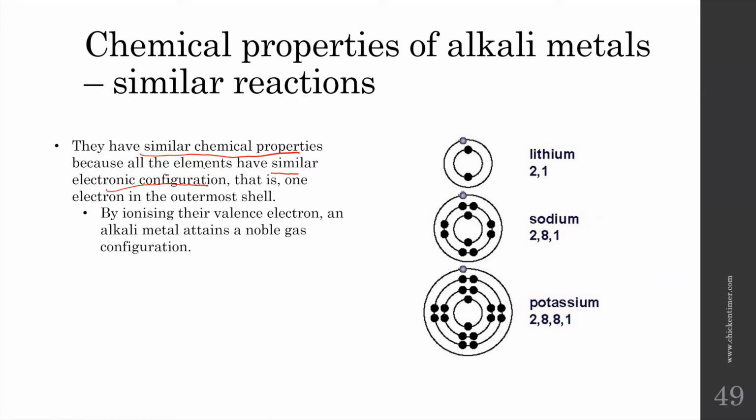Lithium has one valence electron, sodium one, potassium one. They will all lose that one electron to gain a stable noble gas structure. So the kind of reaction they have is almost the same. If lithium reacts with water, then very likely sodium and potassium also react with water. This is what we mean by similar properties.